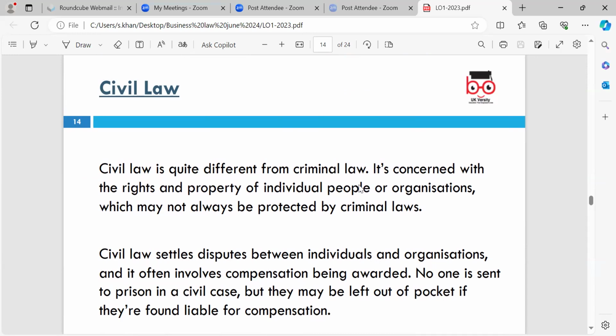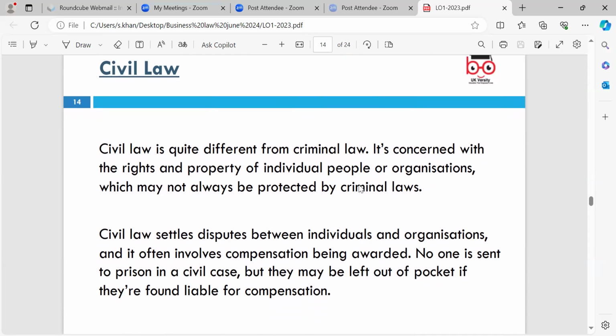So we're just going to go through civil law and criminal law so you have an understanding of what each one does. Civil law is quite different from criminal law. It's concerned with the rights and property of individuals, people or organisations, which may not always be protected by criminal courts. Civil law disputes between individuals and organisations often involve compensation.